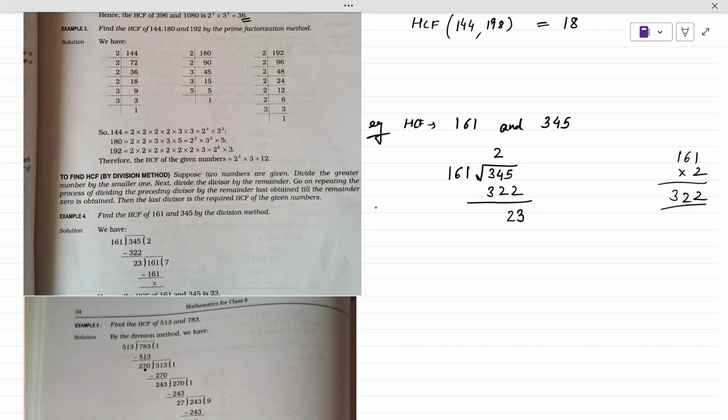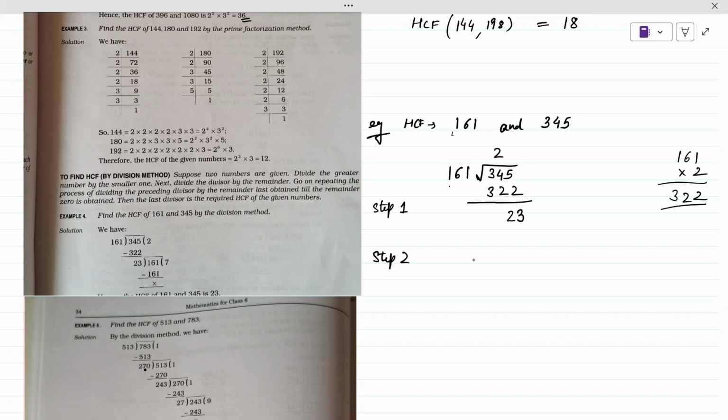This is step 1, what we have done till now. We were given two numbers and we have divided them. We have taken the smaller number as the divisor and the bigger number as the dividend, and the remainder which we are getting here is 23. This is step 1. Now what is step 2?